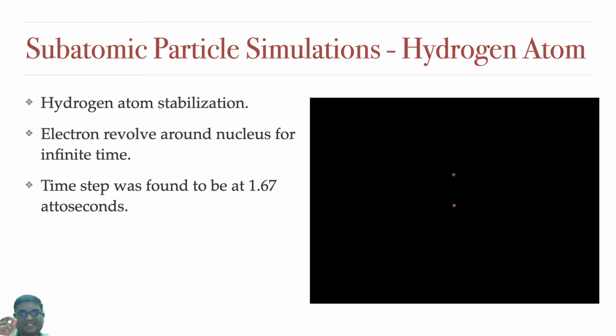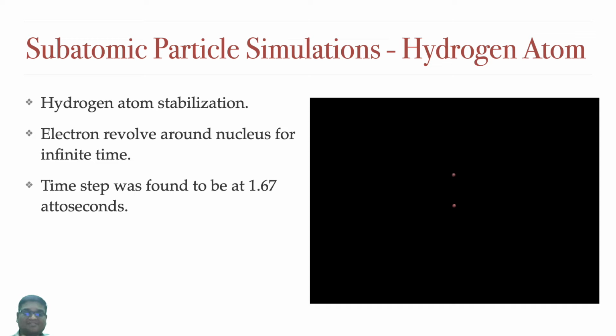I converted from the dimensionless variable to a dimensional variable, and found it to be 1.67 attoseconds. So it is in the range of attoseconds, whereas for atoms and molecules, the molecular dynamics simulation time step is femtoseconds. Here, it came out as attoseconds.